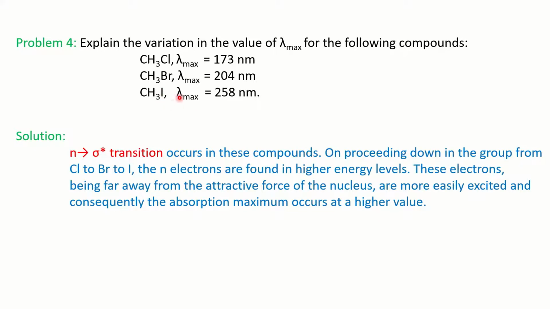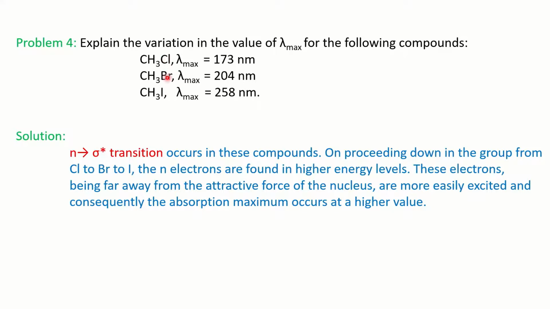Therefore, the lambda max will be higher. It requires less energy to excite the electrons, meaning more wavelength. Energy is inversely proportional to the wavelength: E is equal to hc over lambda. Therefore, less energy required means a higher wavelength.